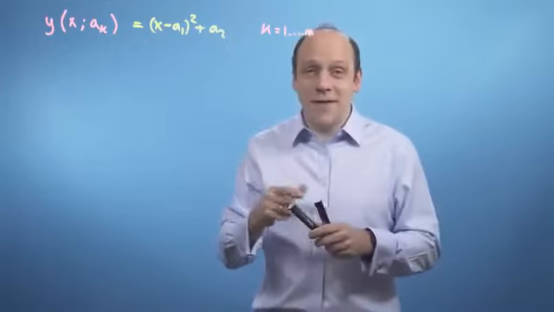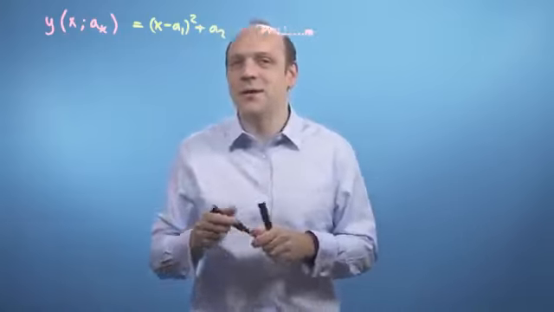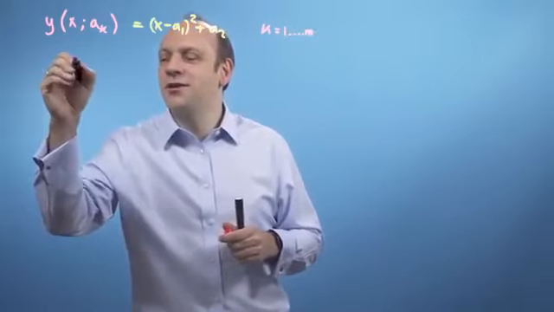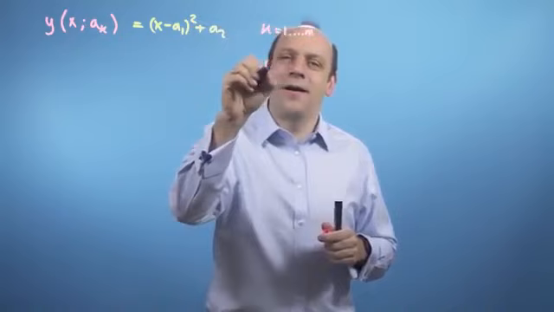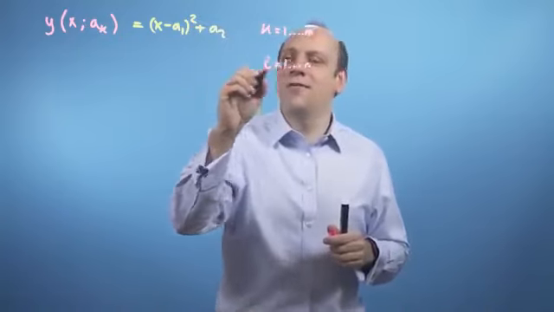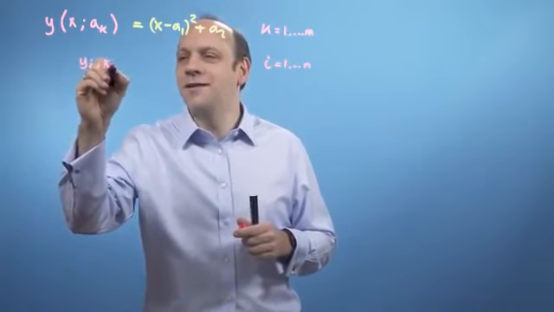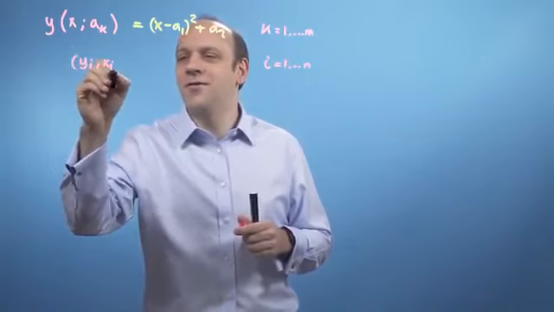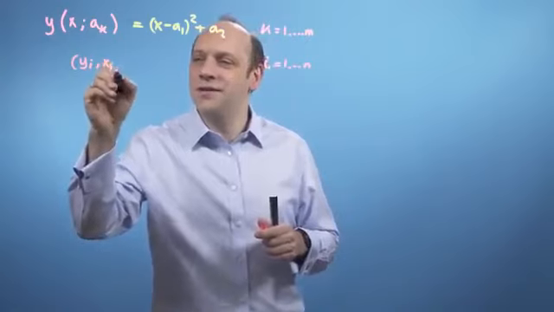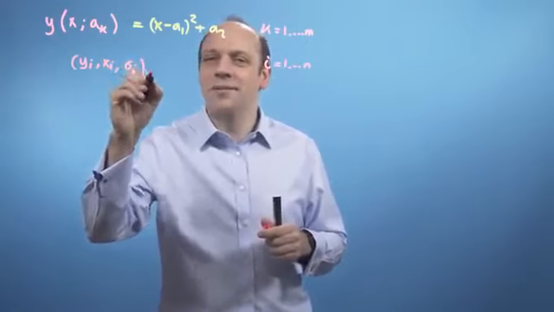Now, say I want to fit the parameters a_k to some data. So I've got some data observations. I've got i equals 1 to n of them, and I've got pairs of data, y_i and x_i. So for every x, I've got a y. And I have an associated uncertainty, sigma_i.